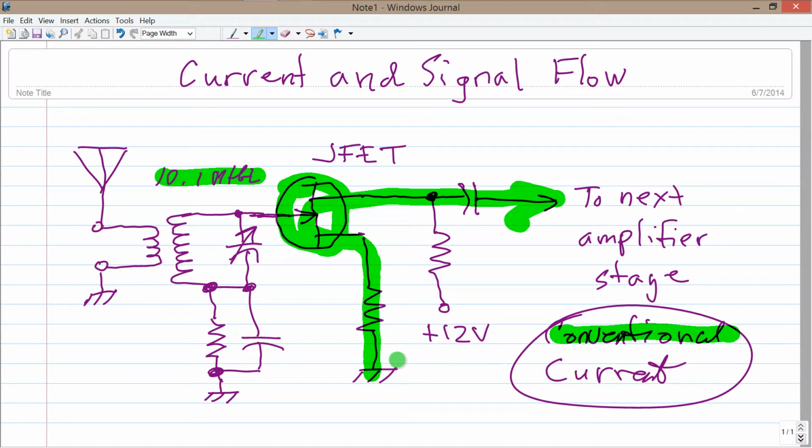When you think of current, for most intents and purposes in our hobby electronics endeavors, we would think of it as electron current flowing from negative to positive. And yes, current does flow out of the ground. This common ground here eventually will go to an earth ground, so current is in fact flowing, in a sense, out of the common ground and back into the battery, where it flows through the battery and goes back on here to the ground again in an endless loop.